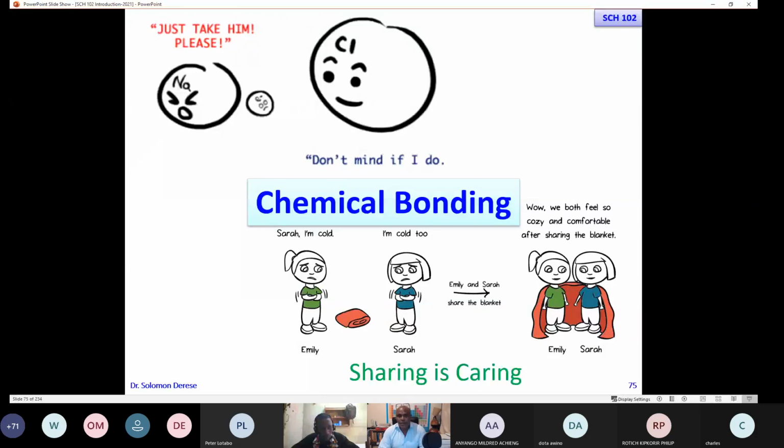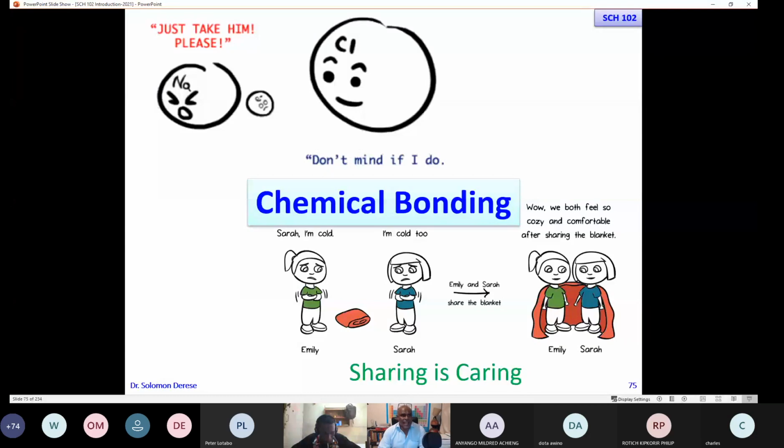For example, when two hydrogen atoms form the molecule H2, the element still remains the same, whether as H as an atom or as a hydrogen molecule, the hydrogen still remains.